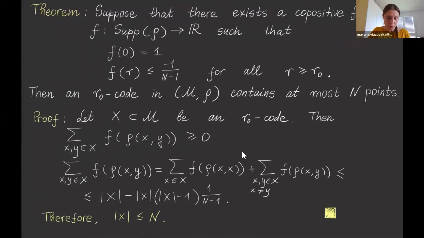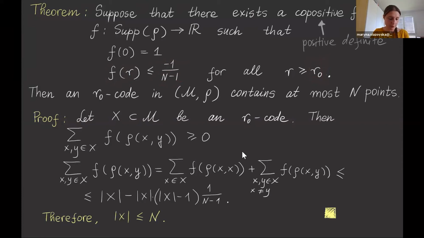And so now our main tool for proving results on sphere packing would be the following theorem. Suppose that we were able to construct a copositive function, or rather, in reality, what we will often do is construct a positive definite function f such that its value at 0 is 1, and it is smaller or equal than -1 divided by n minus 1 for all values of r which are bigger or equal than r0.